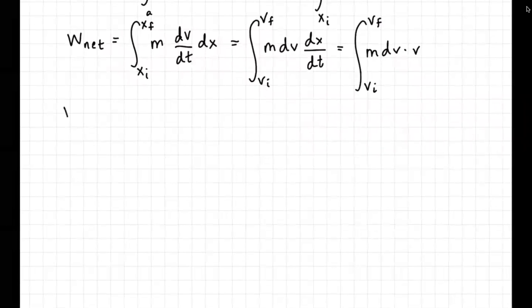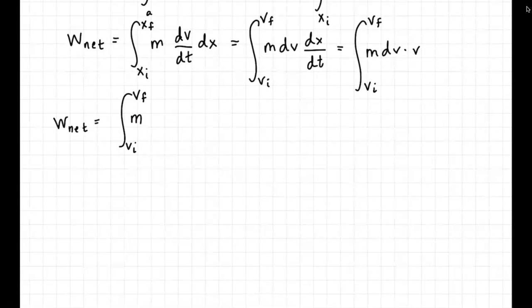Let me just write it in a nicer form here. So I'm integrating from some initial velocity to final velocity. Actually, I'm going to pull the m out, aren't I? So the net work equals, let me pull the m out because it's constant, and then I've got v dv. Now this is an integral that we can do.